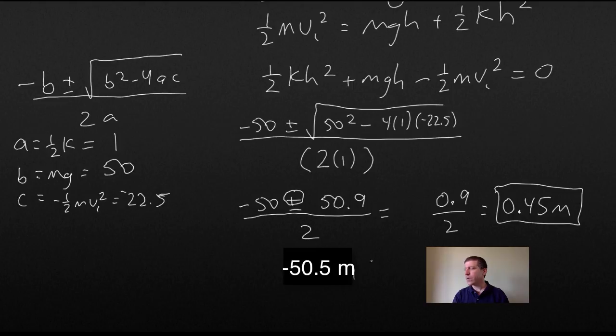How is that possible? Well, in fact, notice that our v here is squared. When we use energy, we do lose information about the direction. Because v squared, if it were negative or positive, would come out to the same thing.